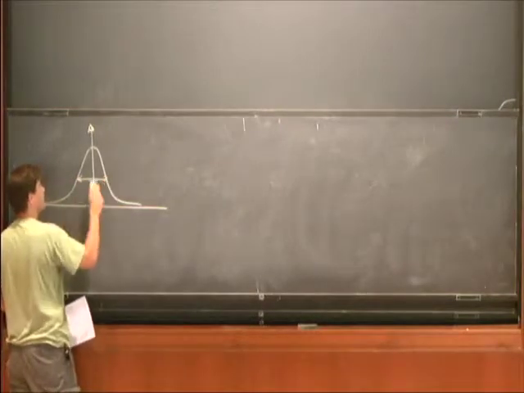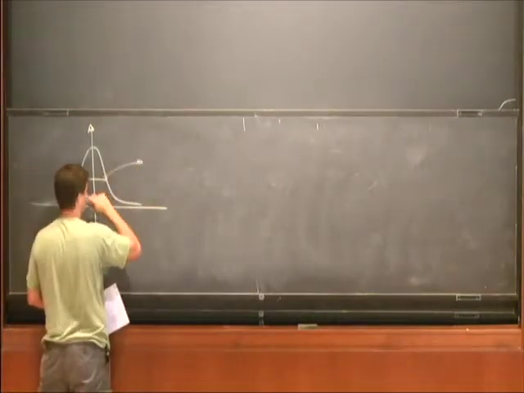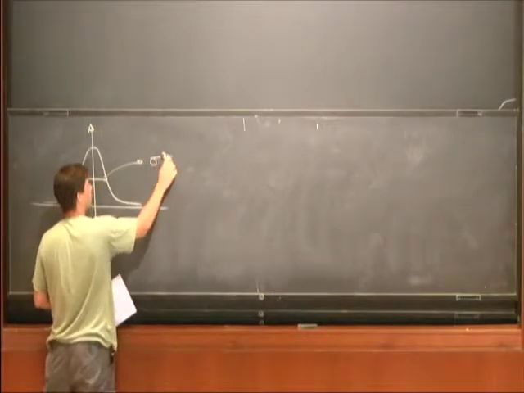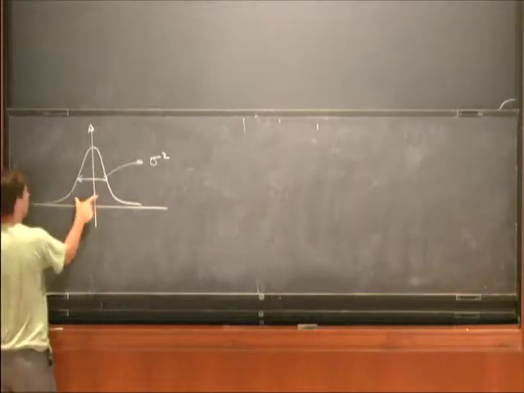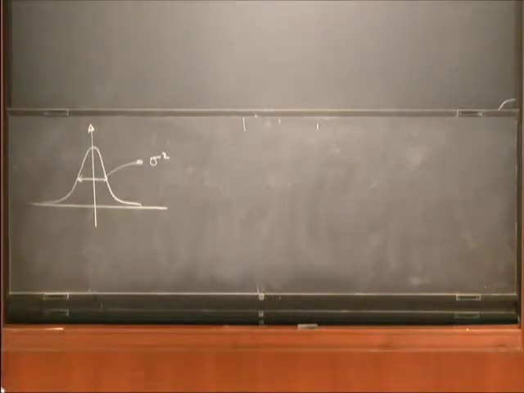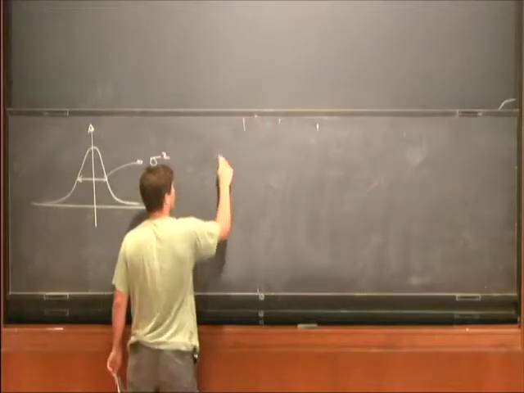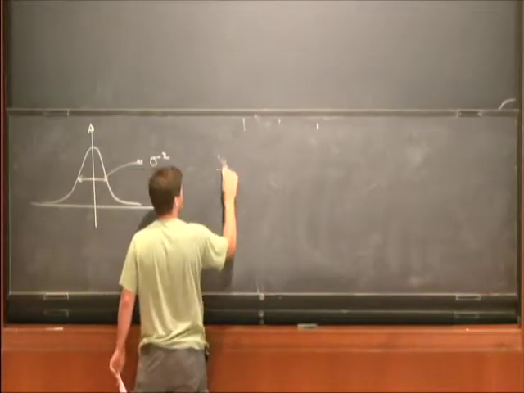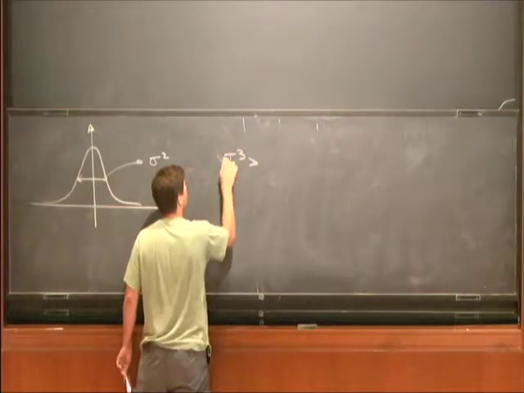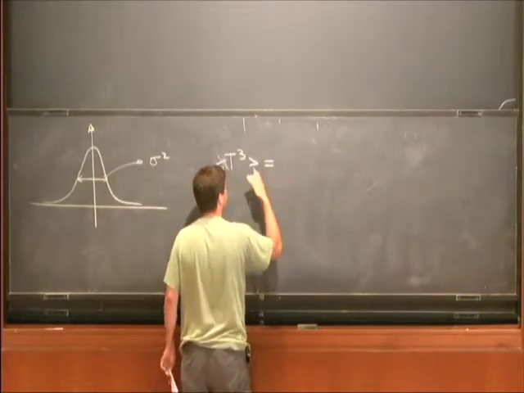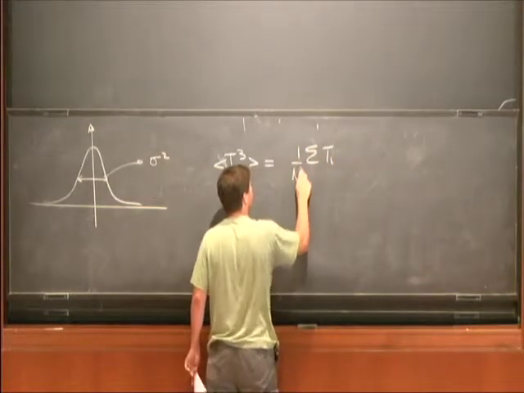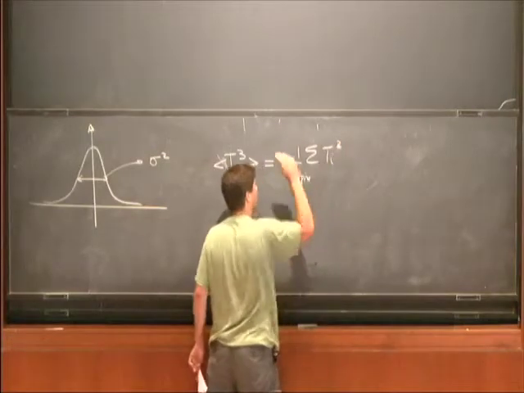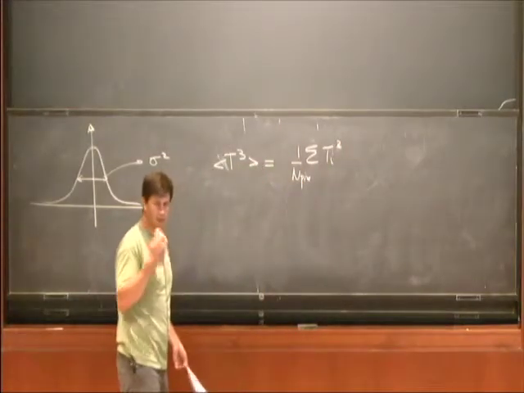If you want, the Cls are just related to the variance of this distribution. And then you can ask the question, is there any kind of departure from Gaussianity? So for example, you can try to see if there's a non-zero value for T cubed by just summing the T of all the pixels divided by the number of the pixels, and seeing if you see something that's different from 0.